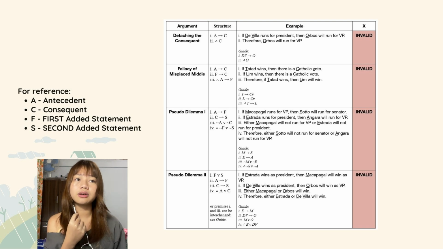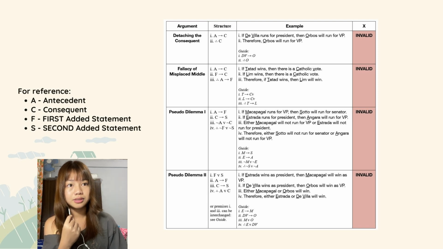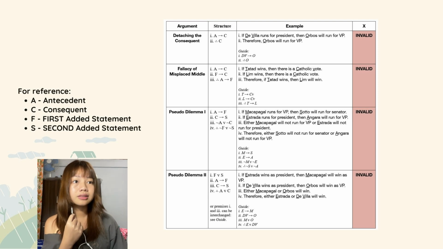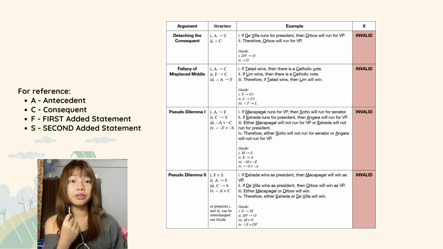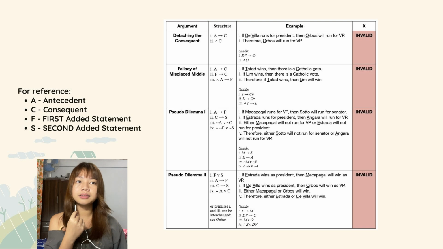If the argument affirmed the antecedent, it could have had the conclusion of the consequence being the ones affirmed. This is a valid argument called constructive dilemma, so we should also not confuse pseudo-dilemma 2 with this. We should also remember the norm. A valid argument is always when we affirm the antecedent or deny the consequence of a conditional.